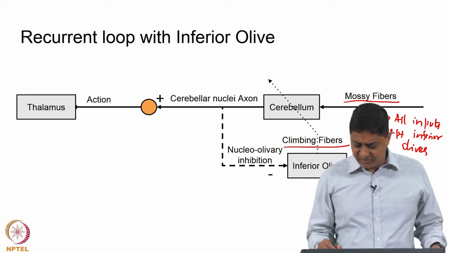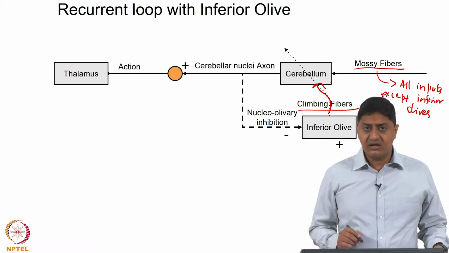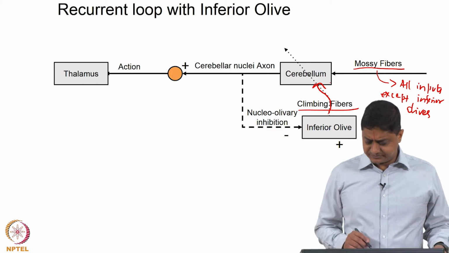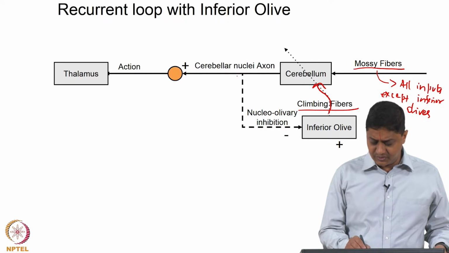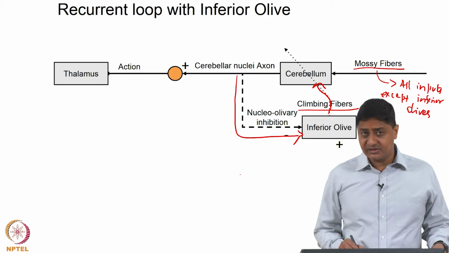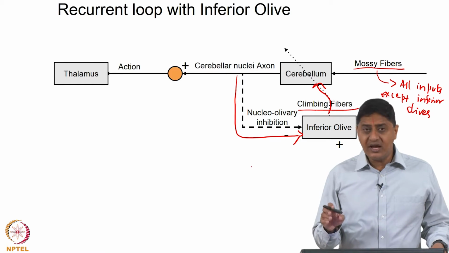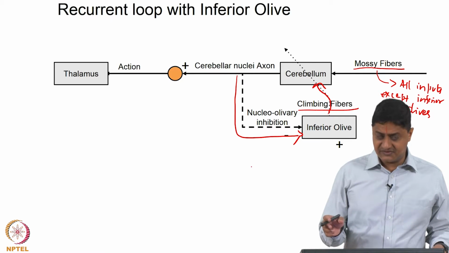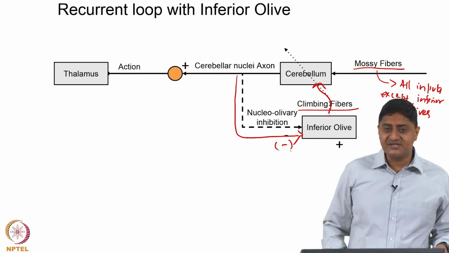So, the climbing fiber is a very powerful source of information, and it turns out that the deep cerebellar nuclei can also negatively inhibit the inferior olive. In other words, the cerebellum can regulate the inputs that it receives, from where and what kind of information it is going to be receiving.